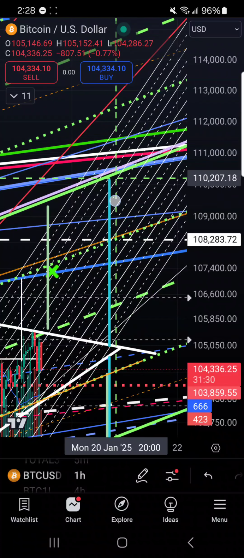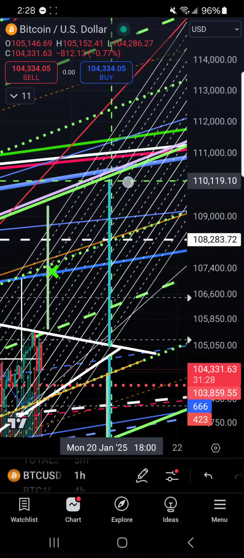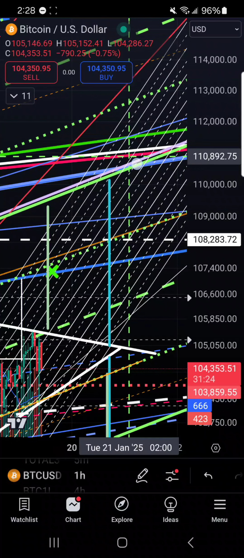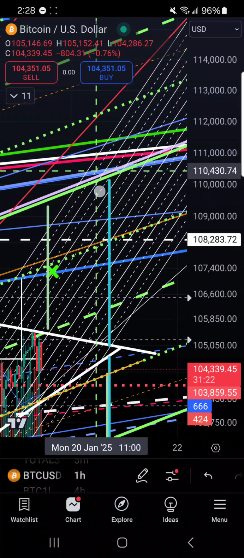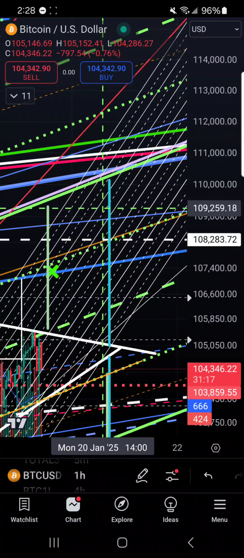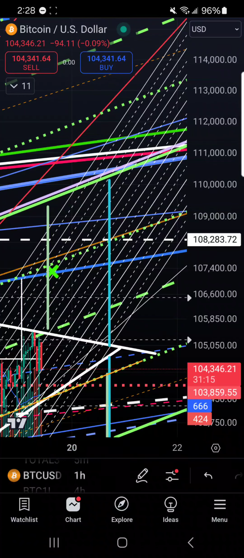I was calling for about 110, 111, around either the top of the green channel or the top of the white channel here. So that's what I'm looking for in the next day or so.